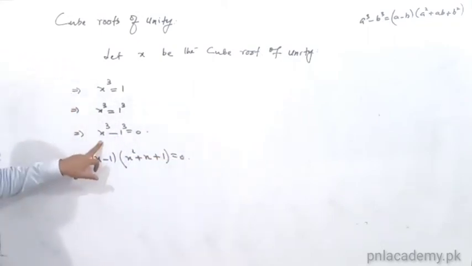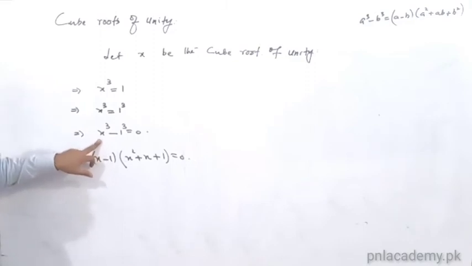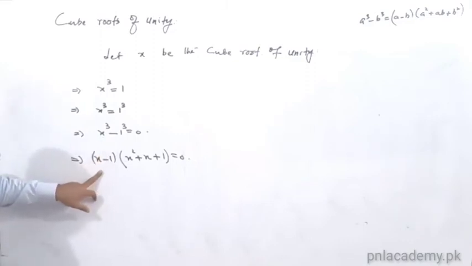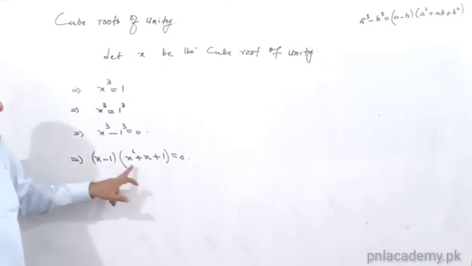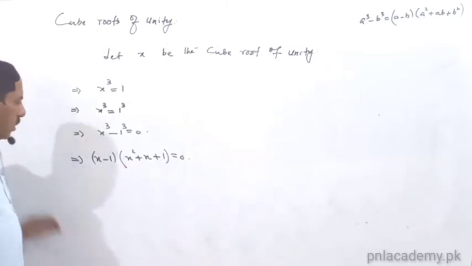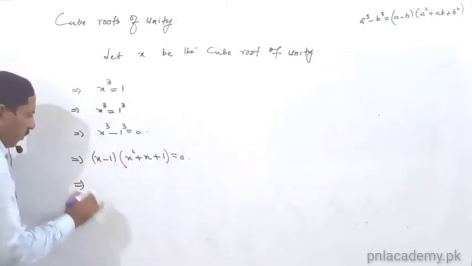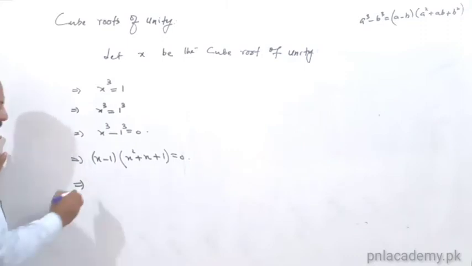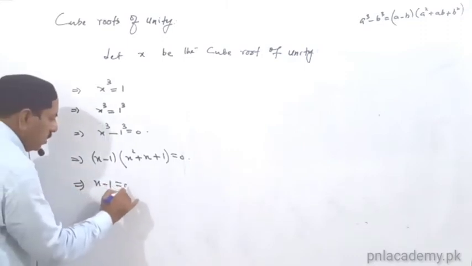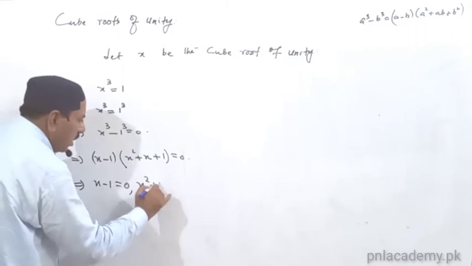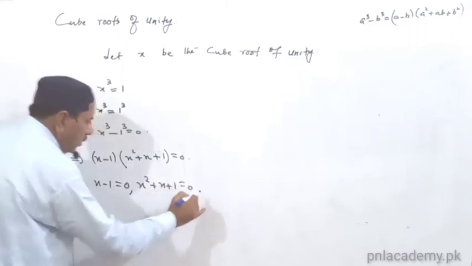So after solving x cube minus 1 cube, we have two factors, x minus 1 and x square plus x plus 1. If the product of two factors is 0, then either x minus 1 is equal to 0 or x square plus x plus 1 is equal to 0.